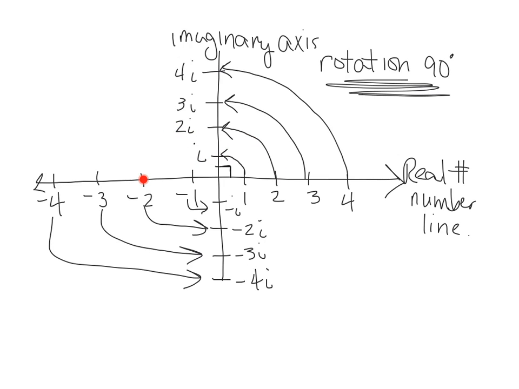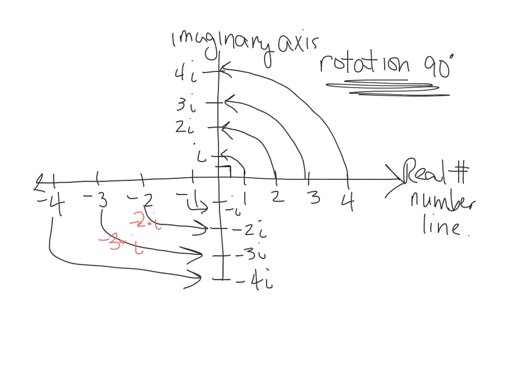And if we go to the negative real number line, negative 2 would rotate to negative 2I. Negative 3 would rotate to negative 3I, etc. So that's what we're doing here is negative 2 times I. Okay, negative 3 times I.